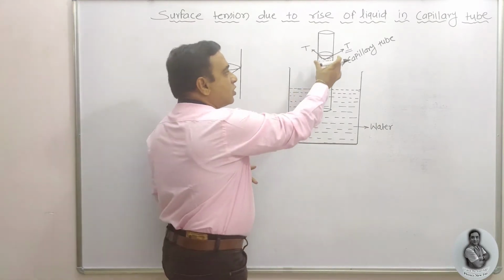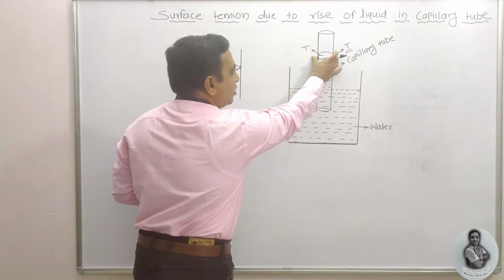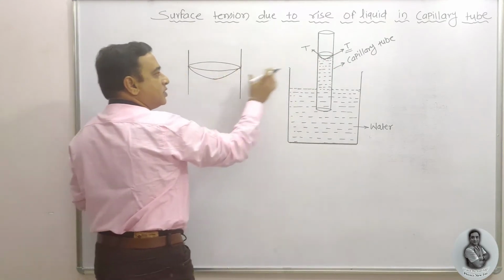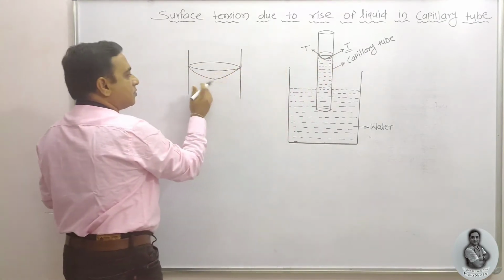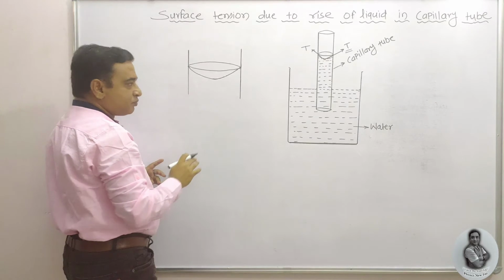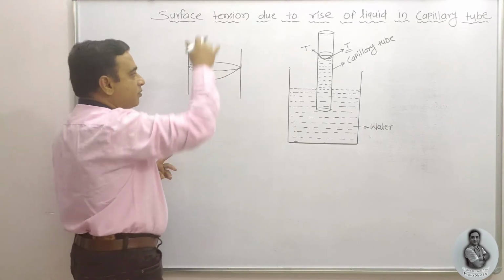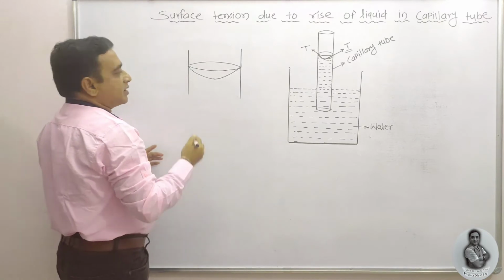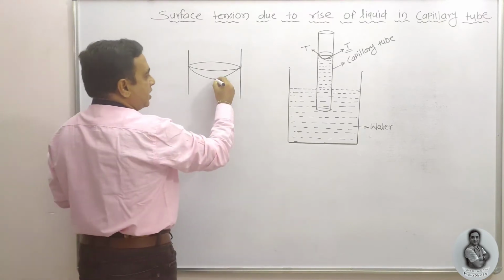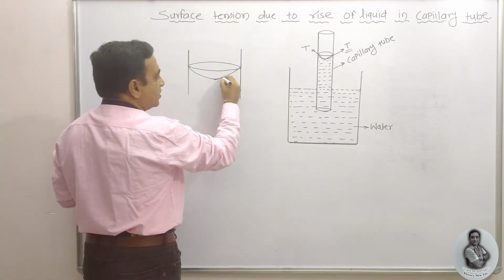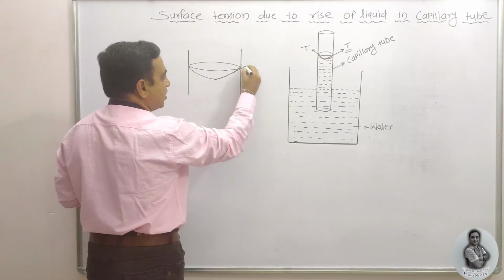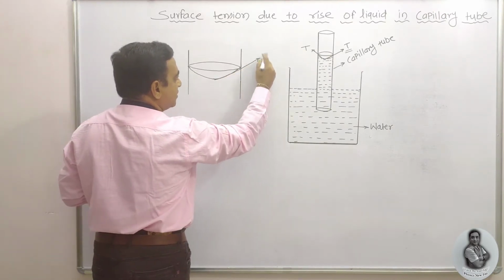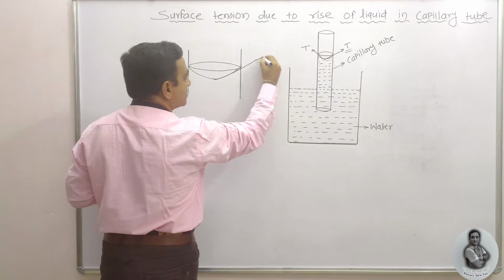I need to draw a bigger diagram, so I am going to shift the diagram here. This portion only I am going to draw here. Below this we have the liquid, and we have this concave shape from the upside, convex shape from the lower side. Let us draw this. Here I am going to draw the force of surface tension. This is your T, or I am going to elongate this.